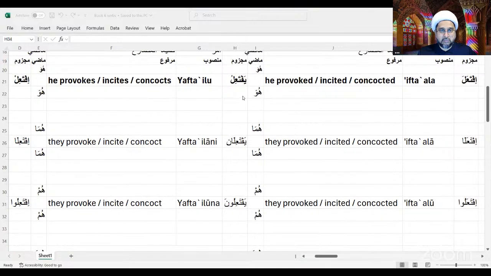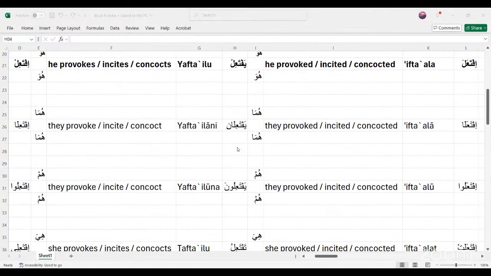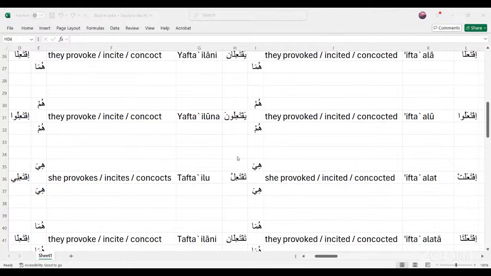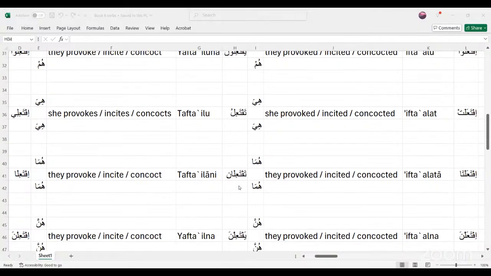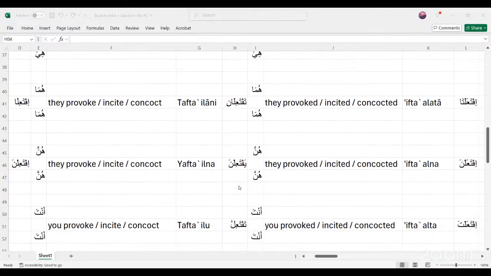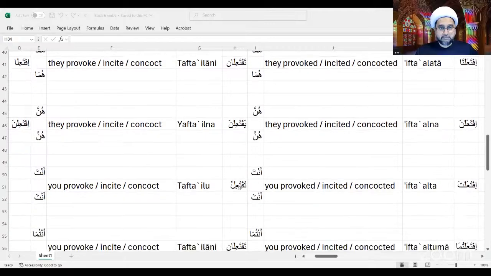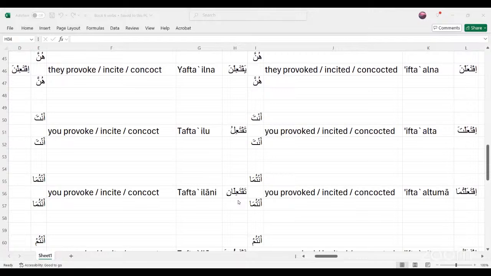Yafta'ilu, he provokes. Yafta'ilani, they two people provoke. Yafta'iluna, they all provoke. Tafta'ilu, she provokes. Tafta'ilani, they two people provoke, feminine. Yafta'ilna, they provoke. Tafta'ilu, you provoke.